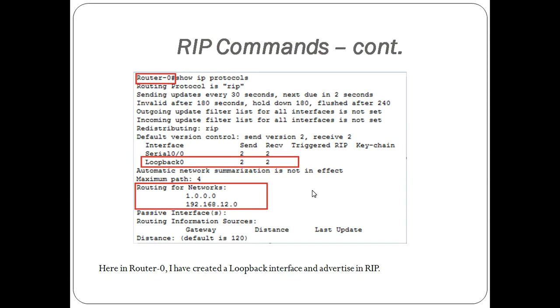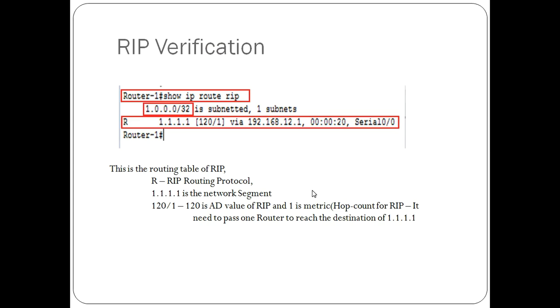In the case of router 1, we can check whether it has been auto summarized or whether it is given the correct subnet mask. We can take a look at router 1. This is the RIP verification.